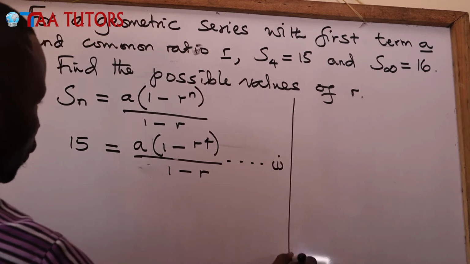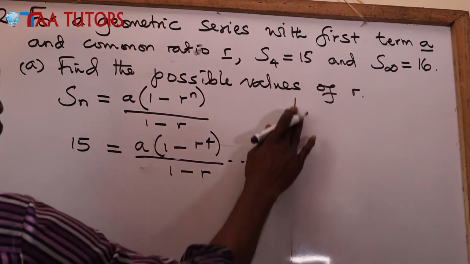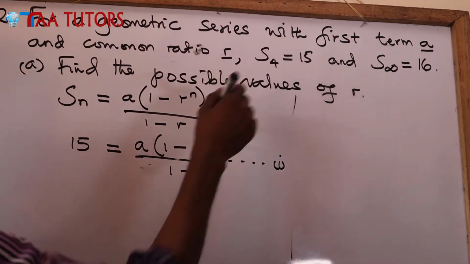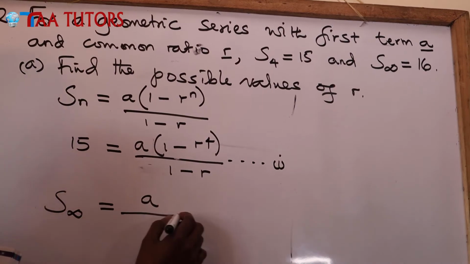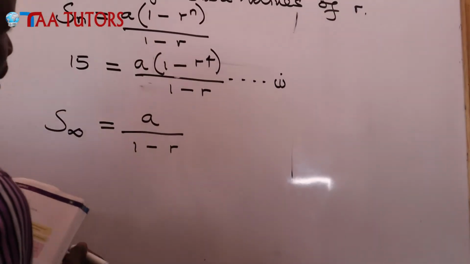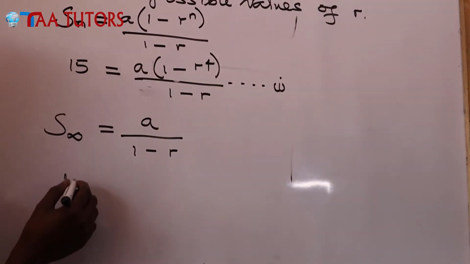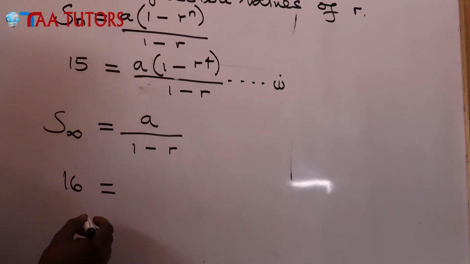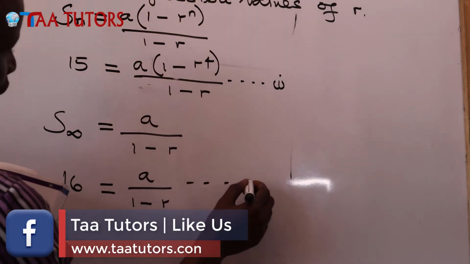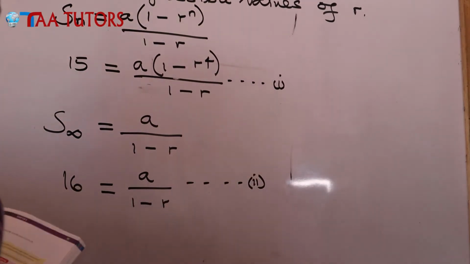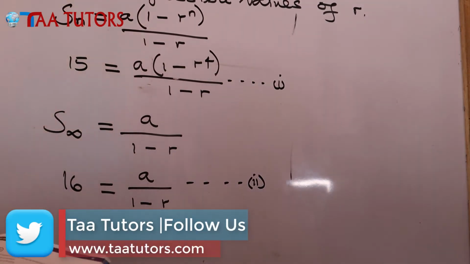But we can also go for equation 2. For the sum to infinity, you know the sum to infinity is given by a divided by 1 minus r. So the sum to infinity is 16, so 16 equals a over 1 minus r. That is equation 2. So can we deal with something here?